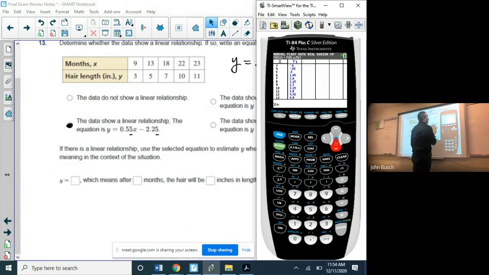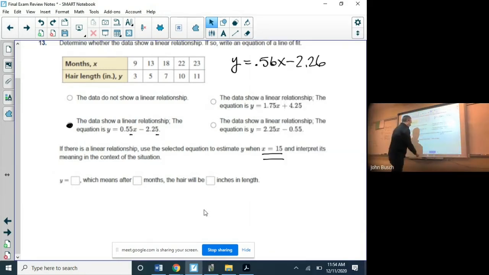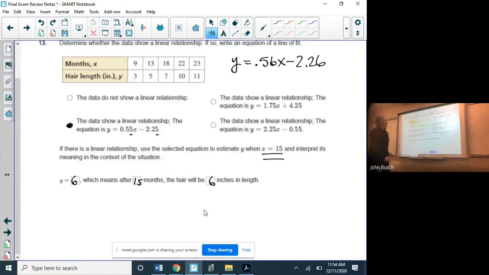When x is 15, y is 6, which means after 15 months, the hair will be 6 inches in length. Because when the x value is 15, the y value is 6.